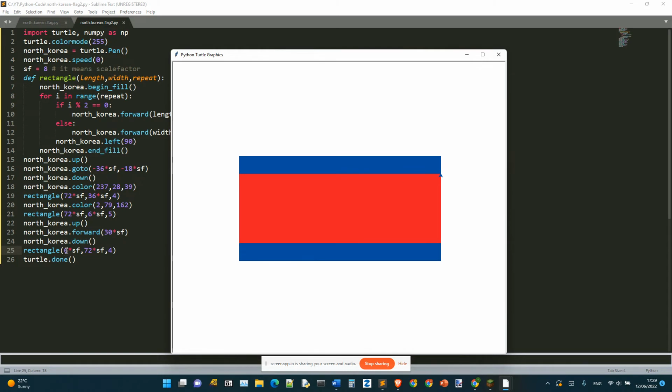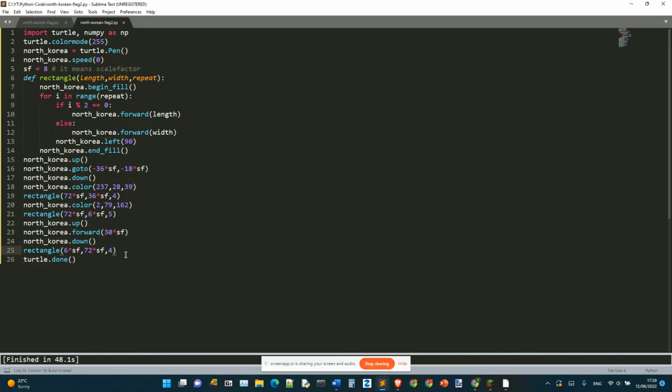The reason why I put this as 6 instead of 72 is the reason why I swapped these around: here it started here, but in here it needs to go to the side where it's 6 instead of the side where it's 72 first. So here is 72 first, but here is 6 first, and that's only to do with the way the turtle's facing. And now that's done and dusted.